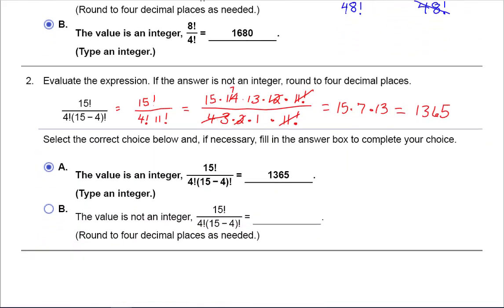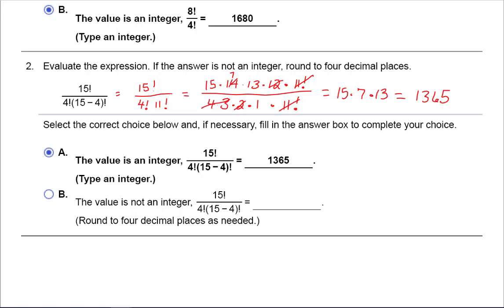In question 2 here, we have 15 factorial over 4 factorial times 15 minus 4 factorial. Alright, well, what is 15 minus 4? 15 minus 4 is 11, so that's 11 factorial. So let's see, I'm going to take the top and write this as 15 times 14 times 13 times 12 times 11 factorial.